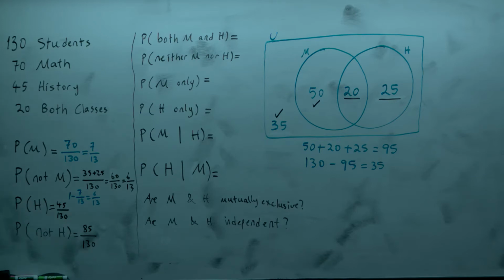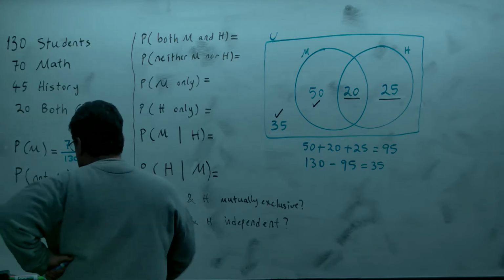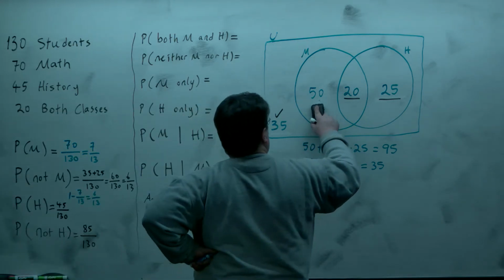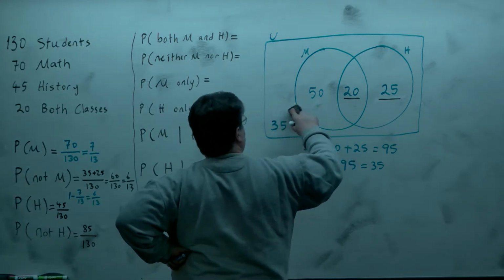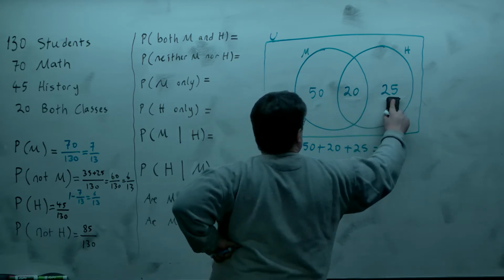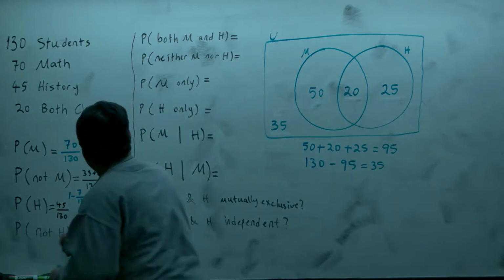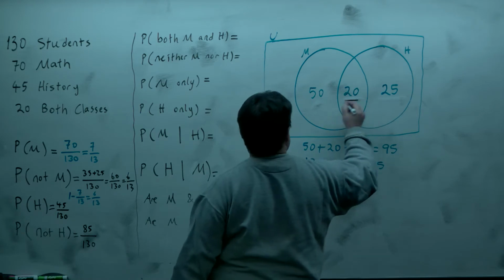Now, what is the probability that a randomly selected student takes math and history? That means the two of them together. That's this one.